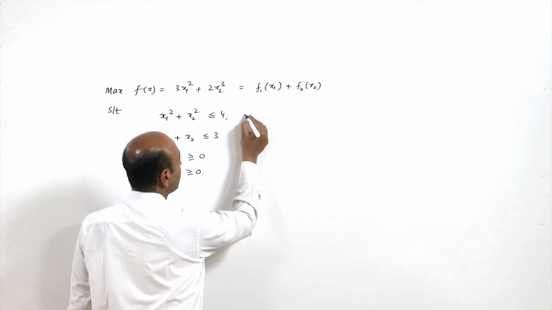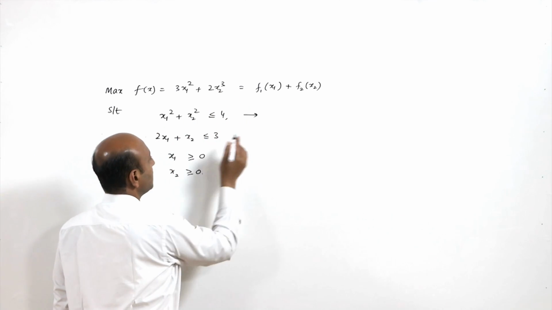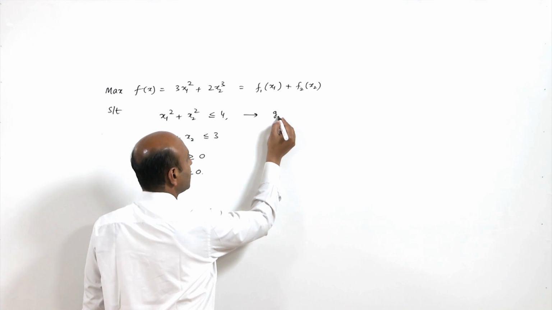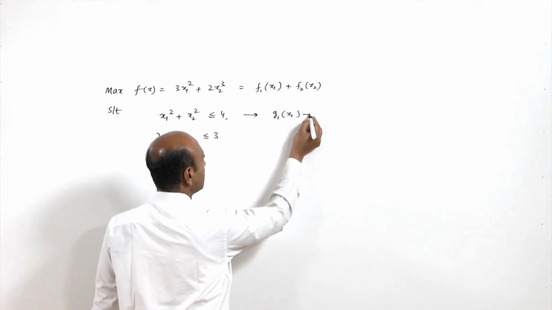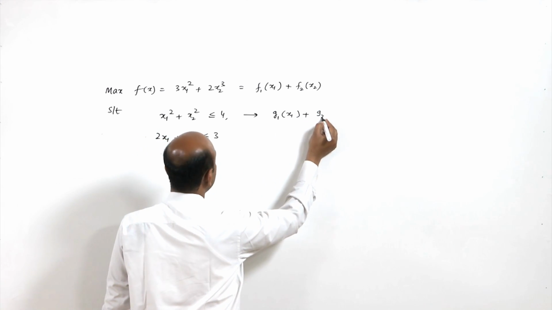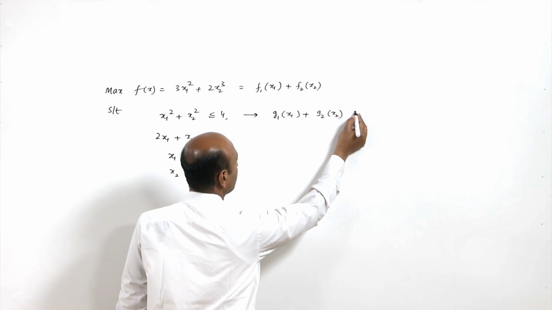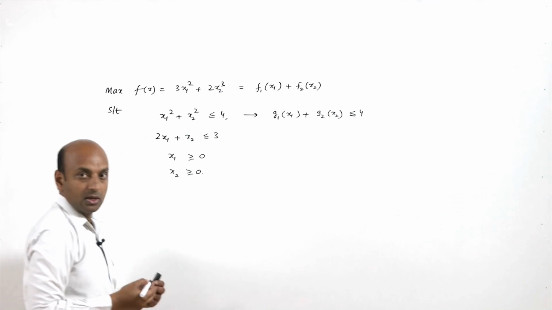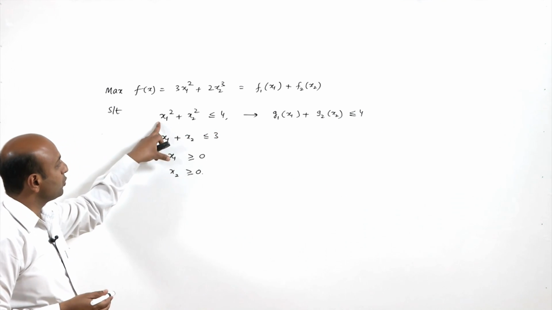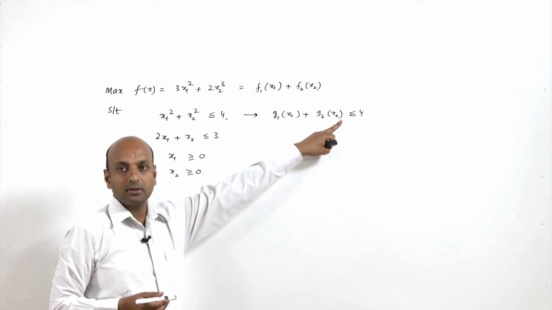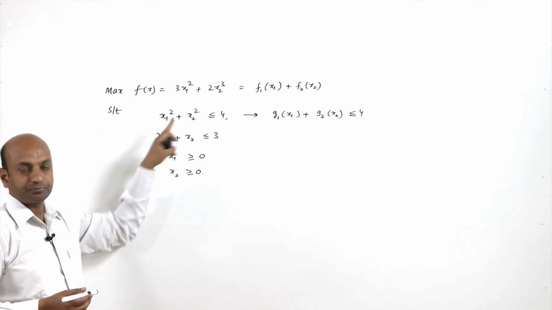Now, the first constraint is also separable because this can be written as g1(x1) plus g2(x2) less than or equal to 4. Here g1(x1) is x1 square and g2(x2) is x2 square.